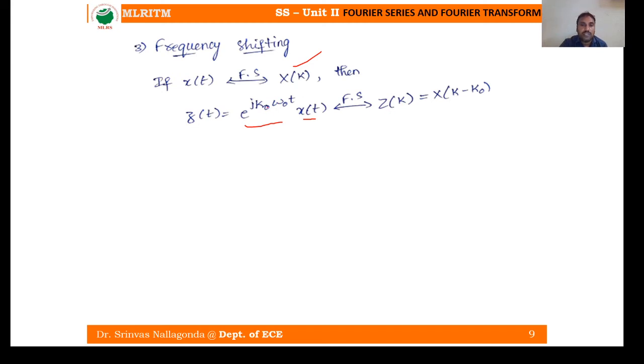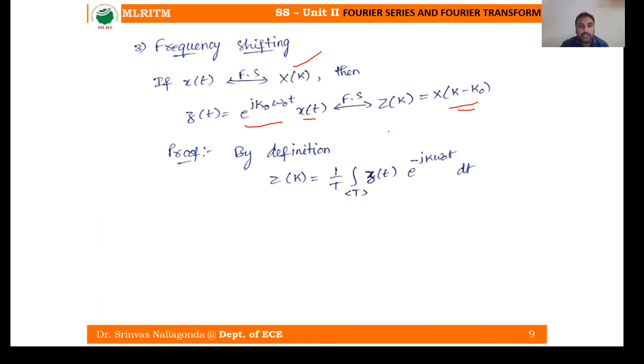If you apply Fourier series on this, z of k is equal to x of k minus k naught. This is the property. So what is the proof? This is the definition of the Fourier series: 1 by T integral over 0 to T of z of t e power minus jk omega naught t. So what is z of t? z of t is this.